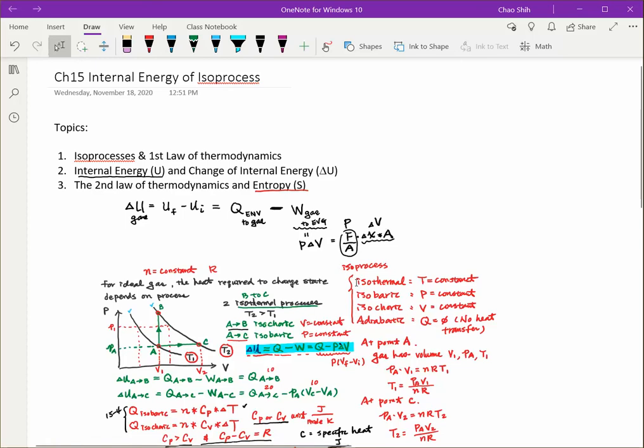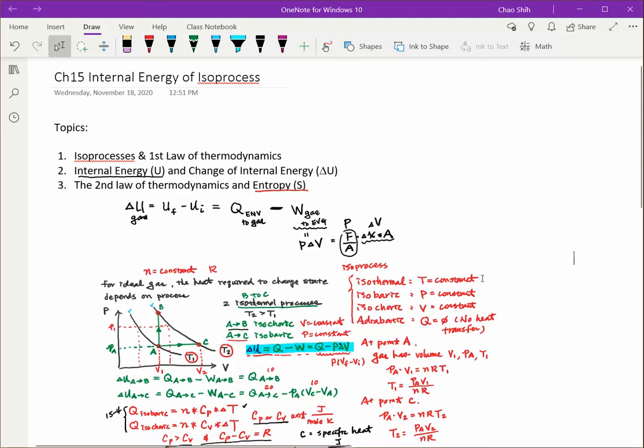There are 4 different kinds: isothermal, isobaric, isochoric, and adiabatic. Each one of the processes will have something either fixed or equal to 0. When you have an iso, it simply means something is fixed. Thermal represents the temperature, so isothermal means temperature is fixed.